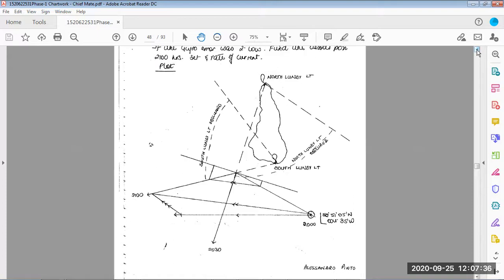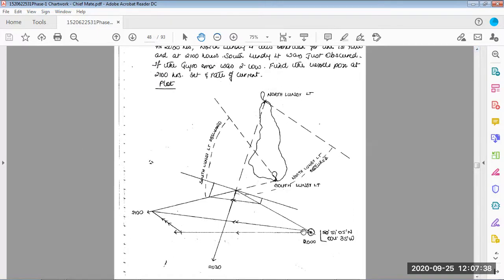We are given the vessel's position at 2000, and from here the vessel was going on a course, and at one point this north light was first unobscured, going out of the obscured sector. So this will be our first PL, and at 2100 the south Lundi light was obscured. The moment the ship reaches here, this light we cannot see, it will be obscured.